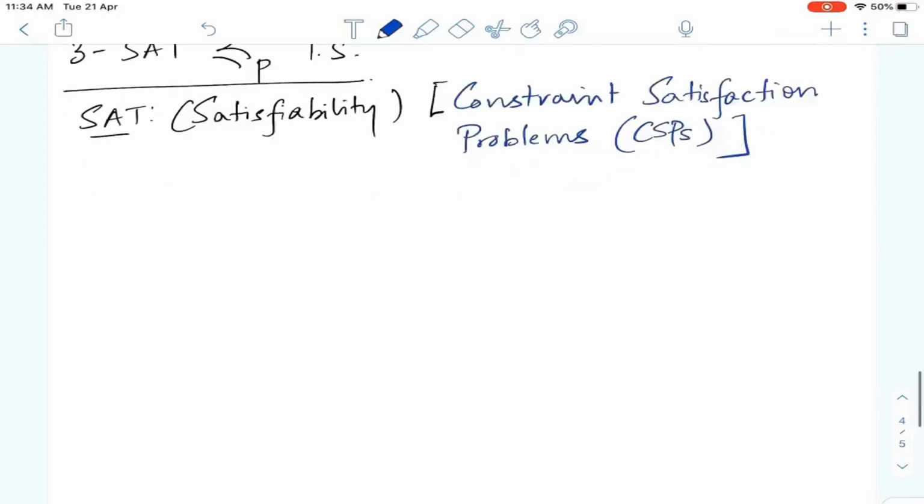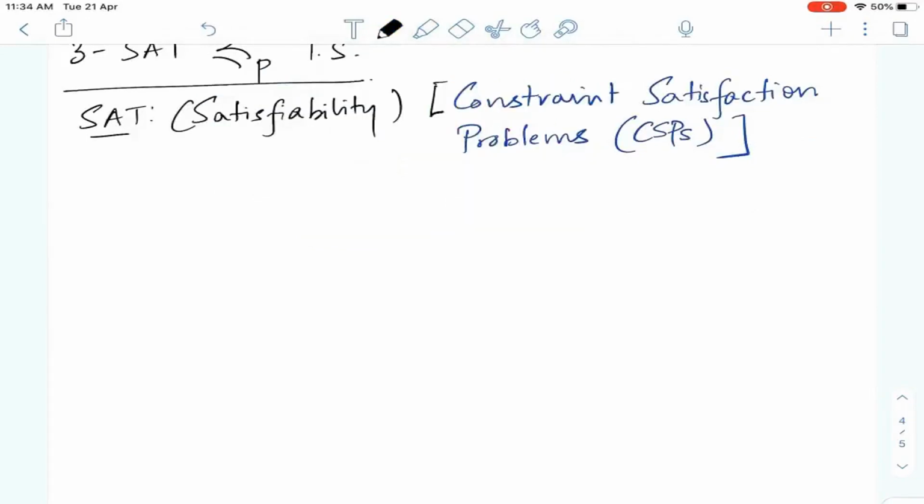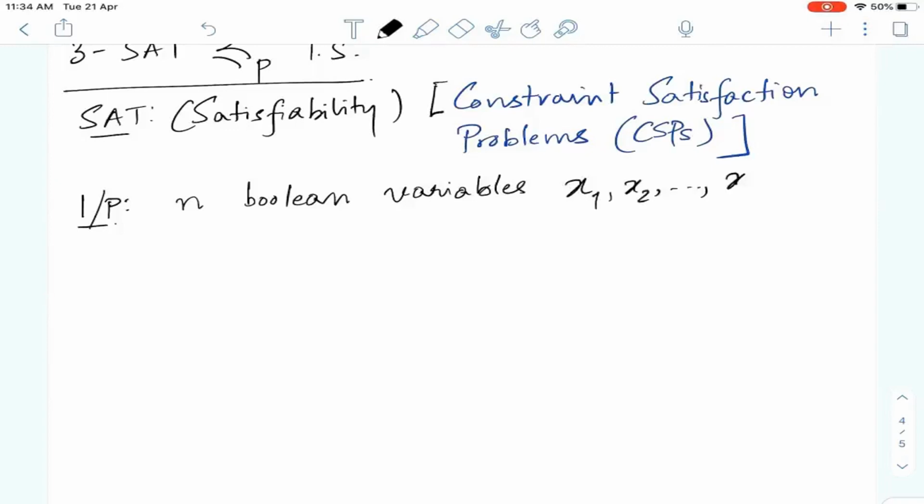The setting is fairly simple. I am given a Boolean formula, but the Boolean formula has a specific nature. Suppose we are given n Boolean variables x1, x2 till xn.